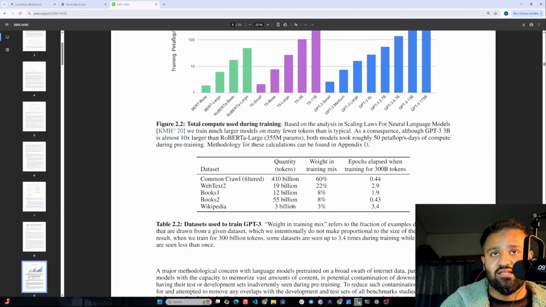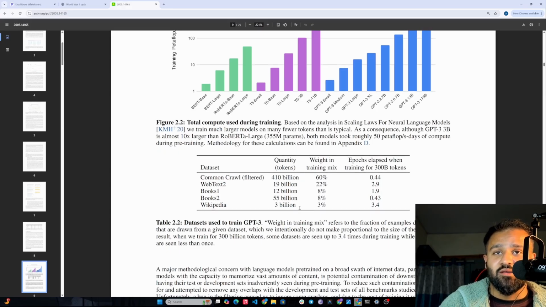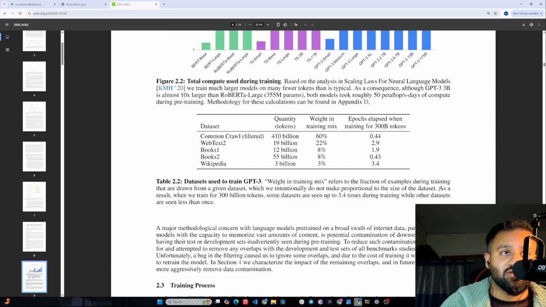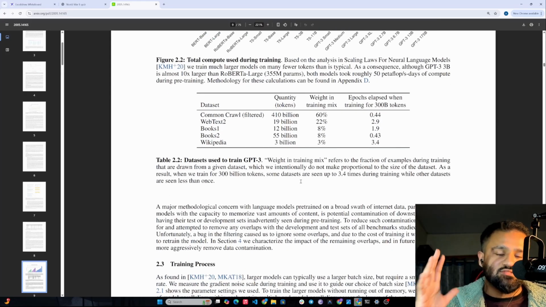One thing I noticed is that if you total this quantity, you will get more than 500 billion, but the GPT model was just trained on 300 billion tokens. I think OpenAI removed some data that may have been uncleaned, so they used just 300 billion tokens out of these. It was just for information.